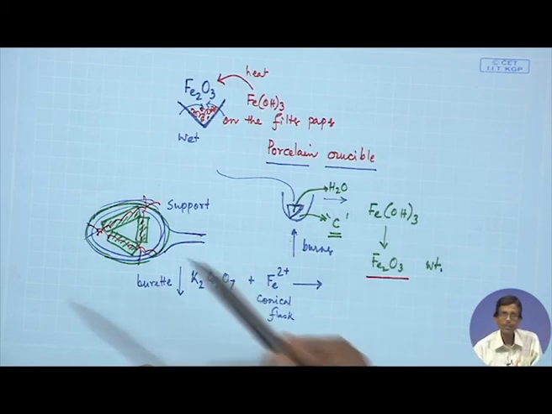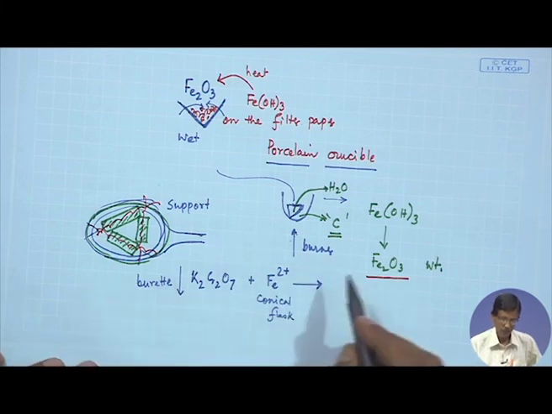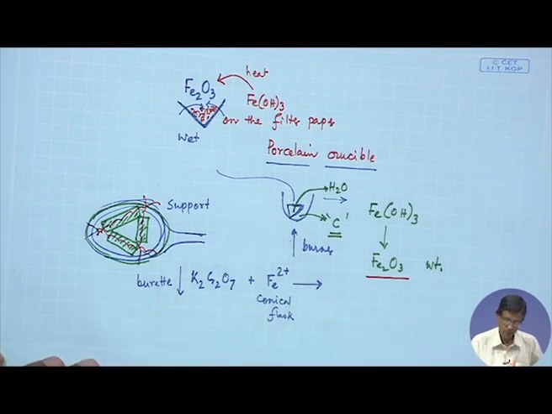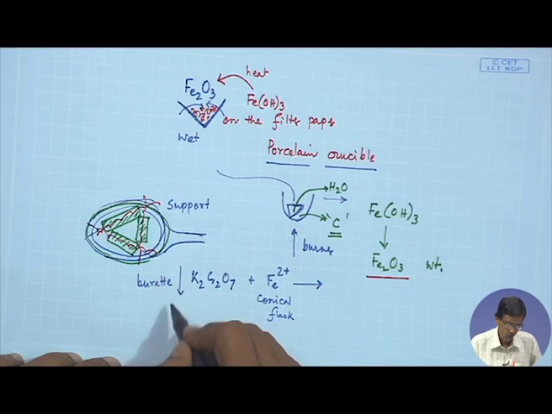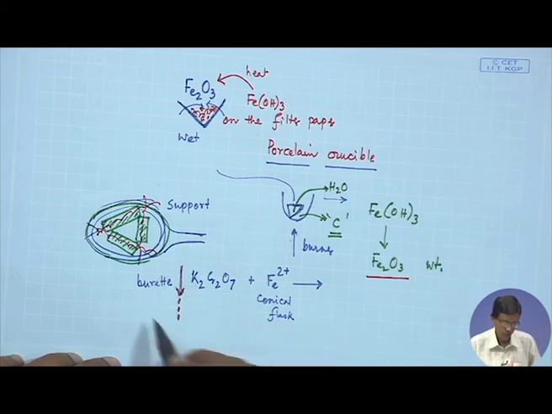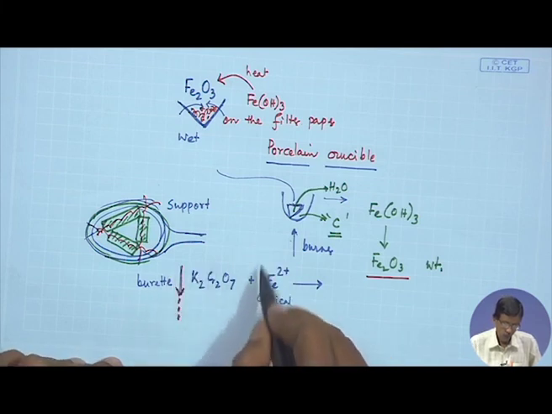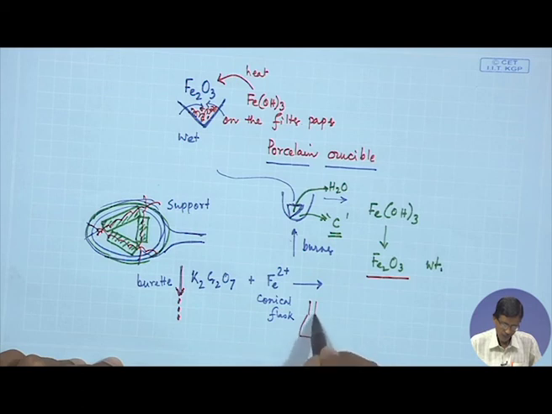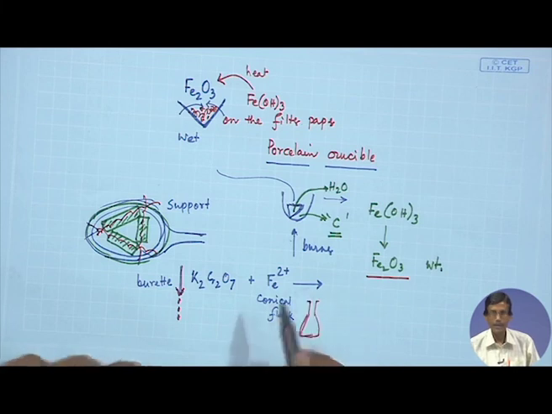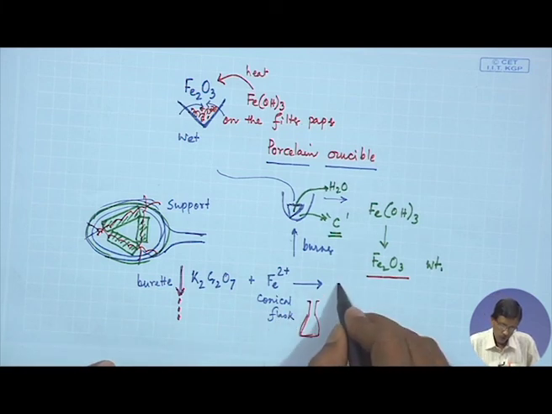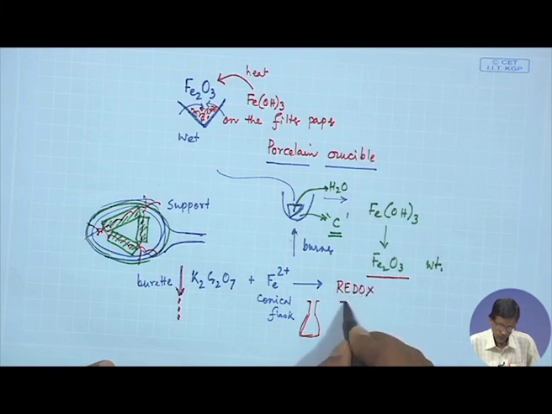We should have some clear idea how we can do this, because from the burette we add this solution drop by drop to this iron solution taken in the conical flask. So, this is the apparatus, this is the solution, for your redox titration.